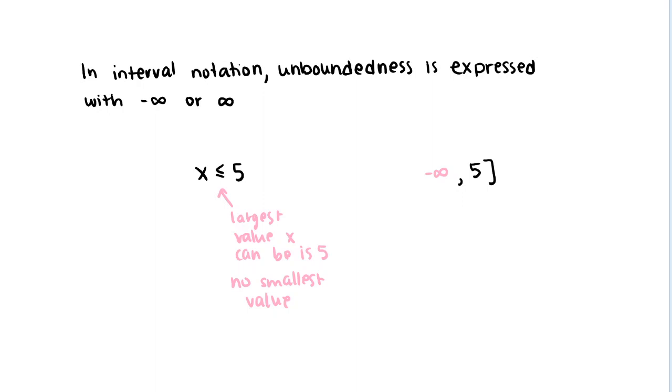Whenever we're using infinity or negative infinity in interval notation to describe unboundedness, we wrap that in parentheses. And the main reason is because infinity is not actually a number to include or exclude, and so it doesn't really make sense to include a bracket there. So plus or minus infinity, when we see it in interval notation, is wrapped in parentheses every time.